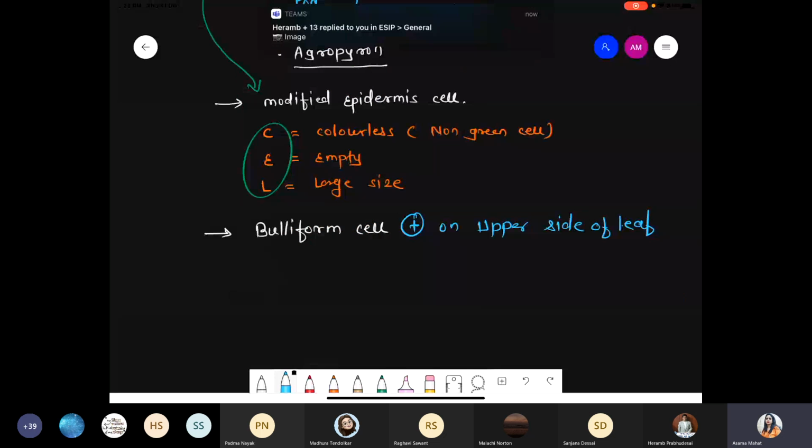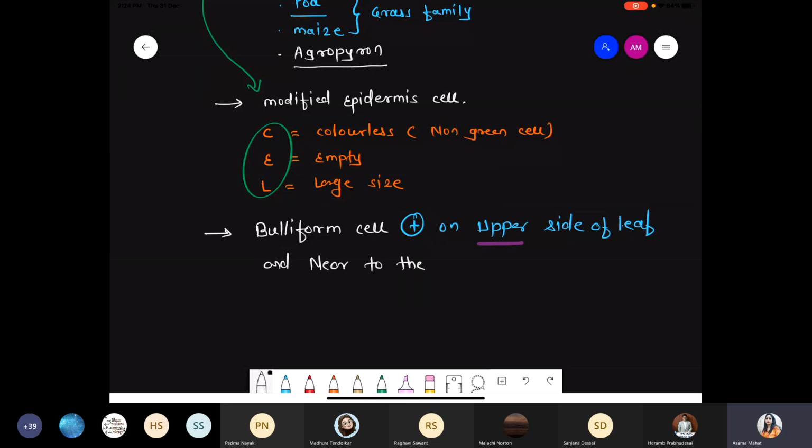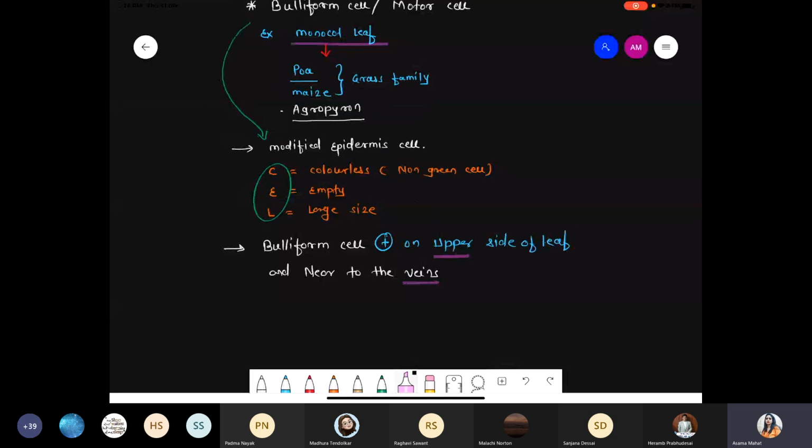So bulliform cells are present toward the upper side. Please underline the words upper side. And the next one, they are present near the veins, upper side and near the veins. These are the conditions. So this is the position.